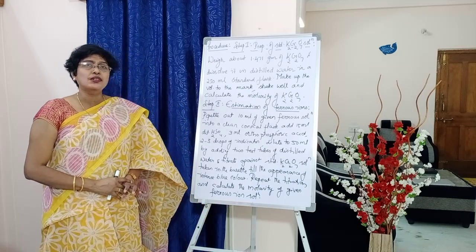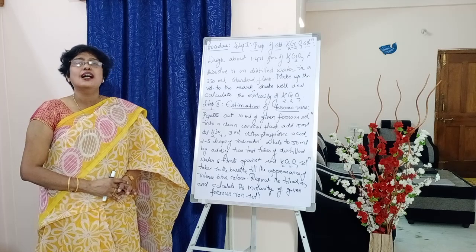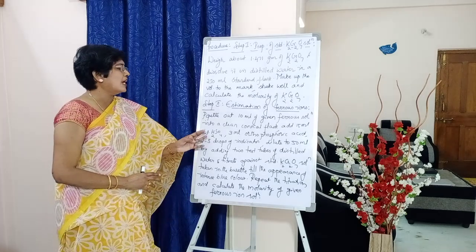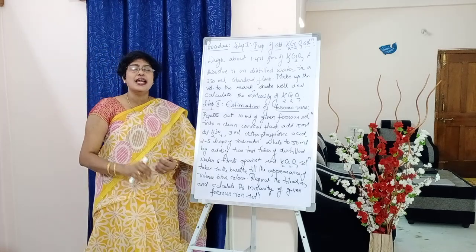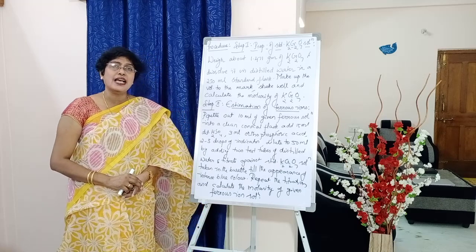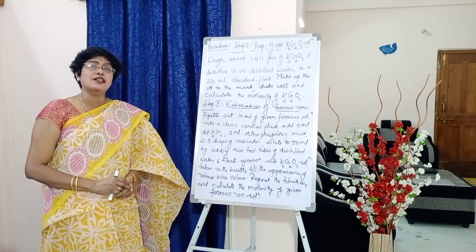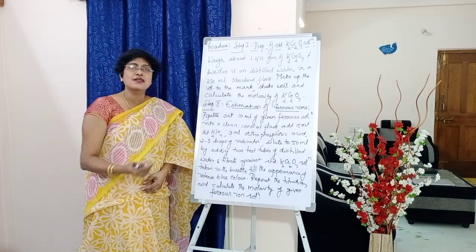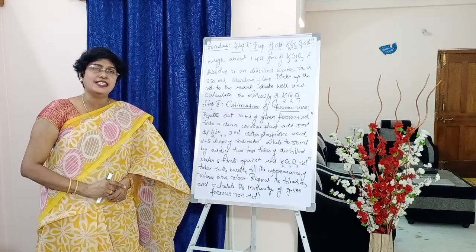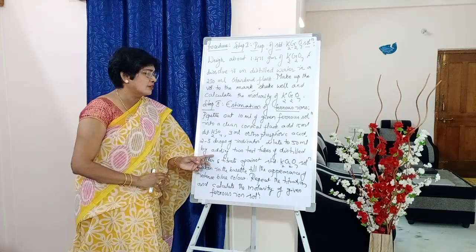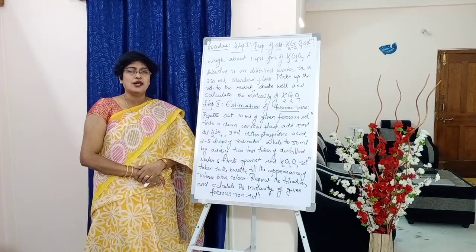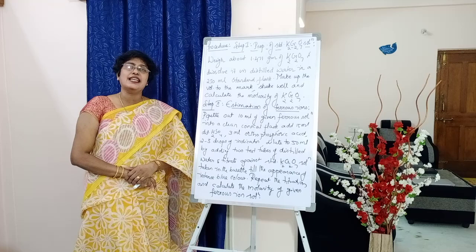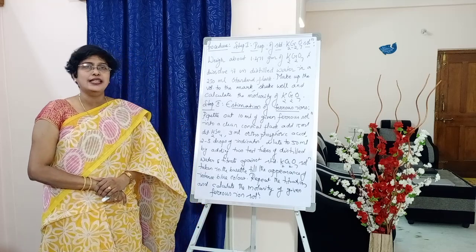We take 10 ml of this unknown solution into a clean conical flask, and add 15 ml of dilute H2SO4, 3 ml of orthophosphoric acid, a few drops of the indicator and also 2 test tubes of distilled water. All these are to be taken in a clean conical flask.